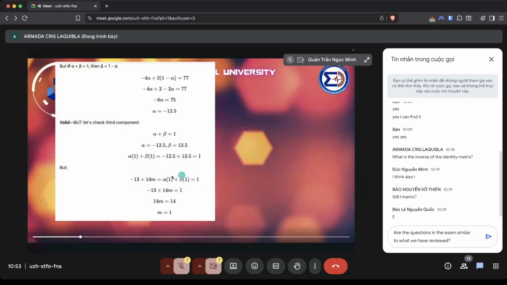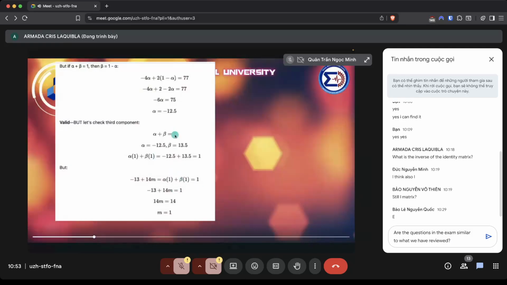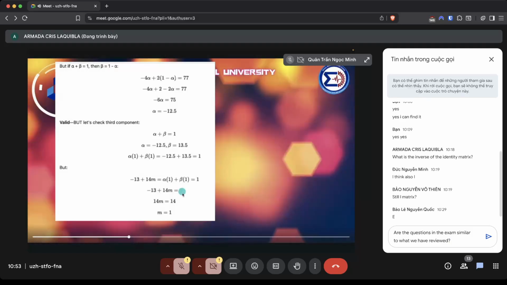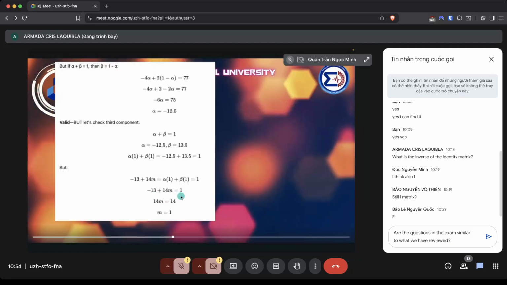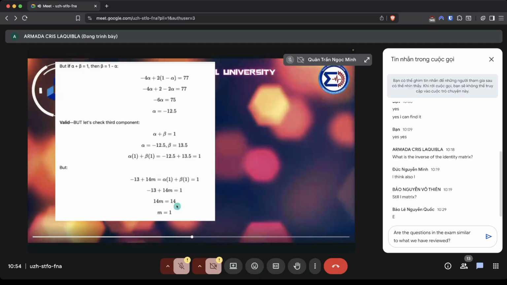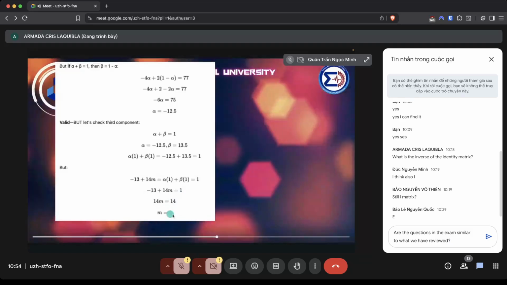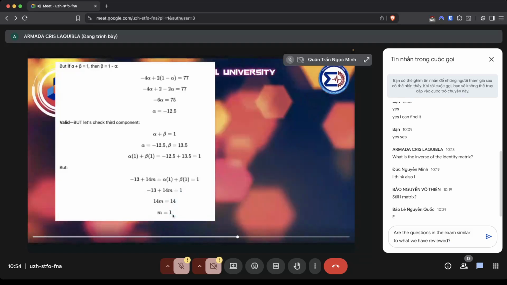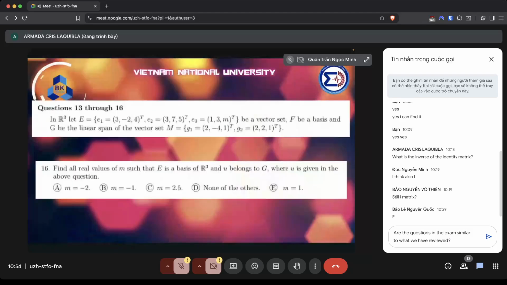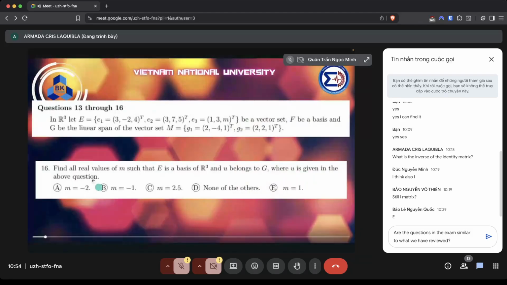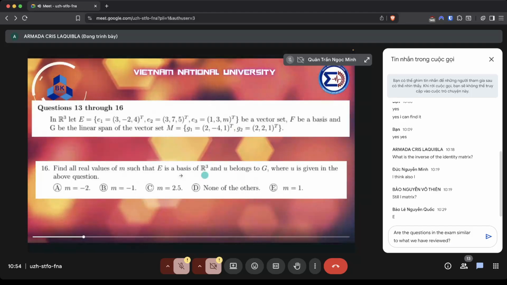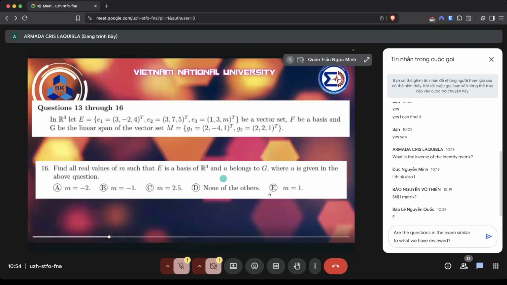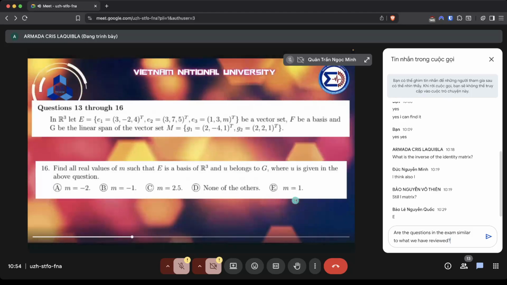And which is actually equal to 1, right? And then negative 13 plus 14m is equal to 1. Transfer 13 there to the other side, it becomes plus 13. So your m there is equal to 1. And that's it, because the question says find all the real values of m such that E is a basis of R3, and you have there m is equal to 1.